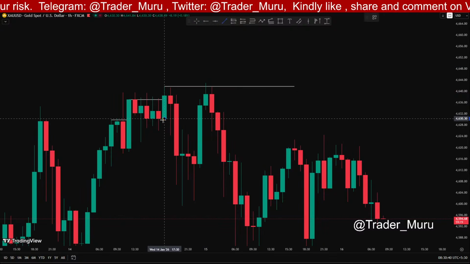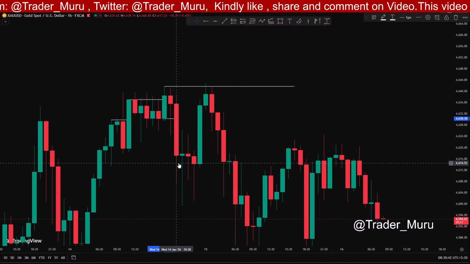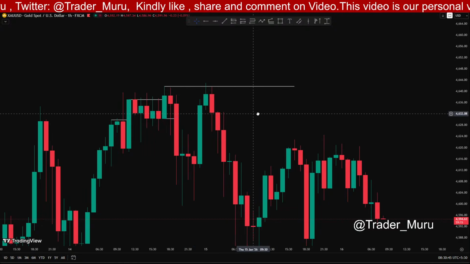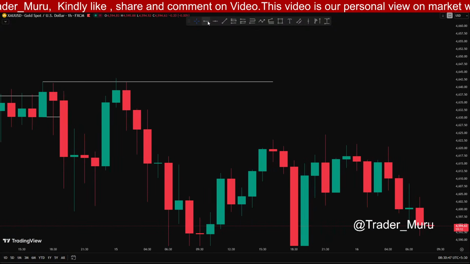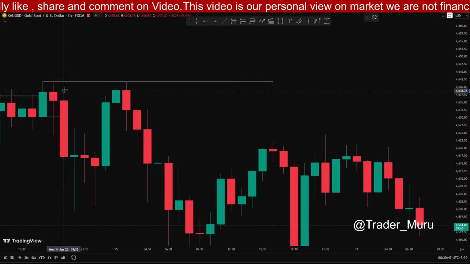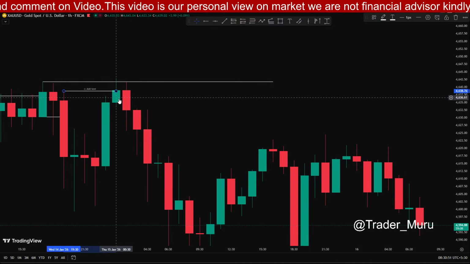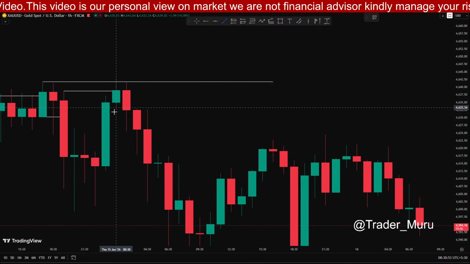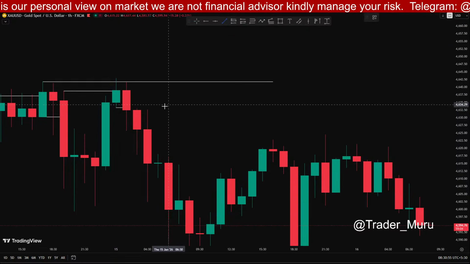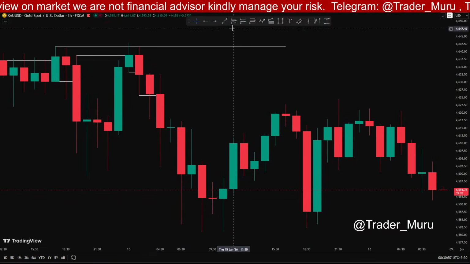After that we have a low break, candle created this much big retracement, then again its high is not broken, we have again the high, low break, price is continuously breaking its low.